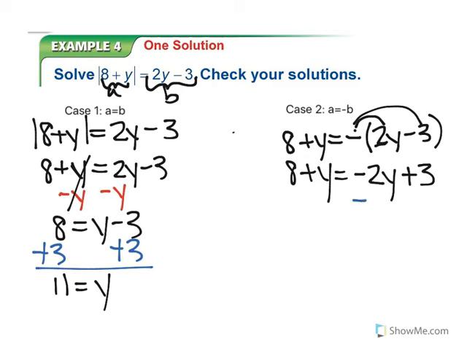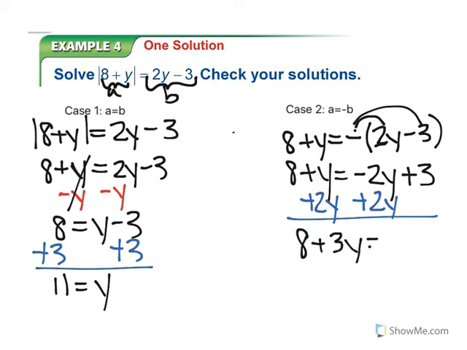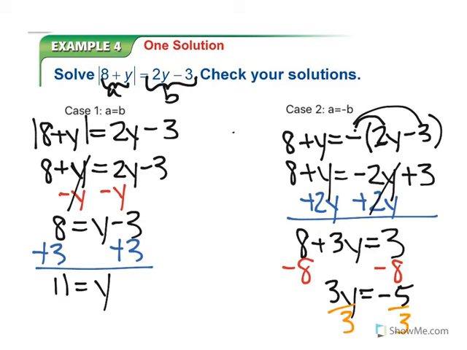This time I'm going to add 2y to both sides, and I'm going to get 8 plus 3y is equal to 3. I'm going to subtract 8 from both sides to where I get 3y is equal to negative 5. And I'm going to divide both sides by 3 because I need y by itself. So here I have y is equal to negative 5/3.